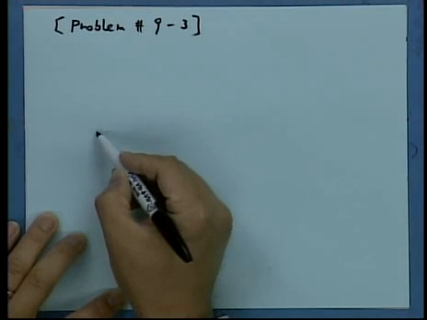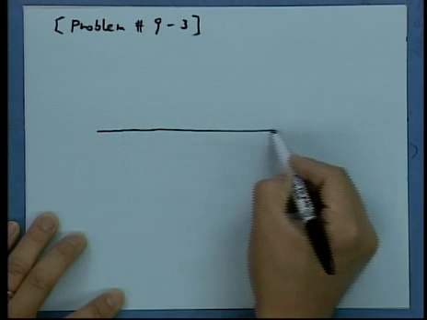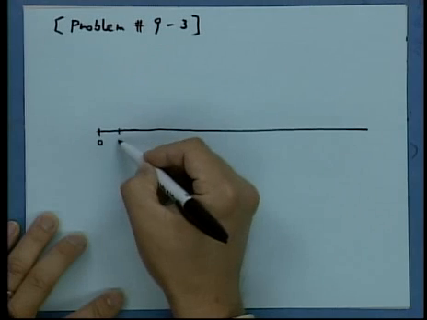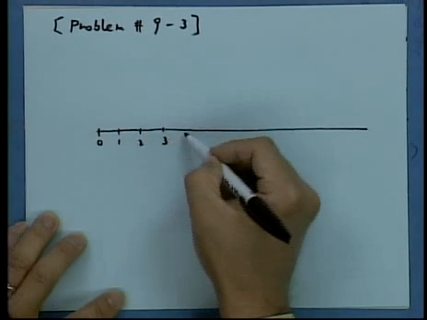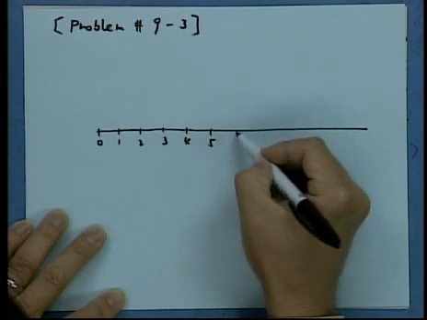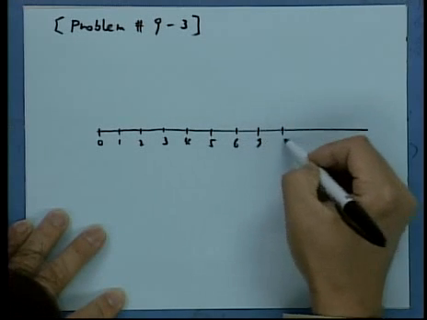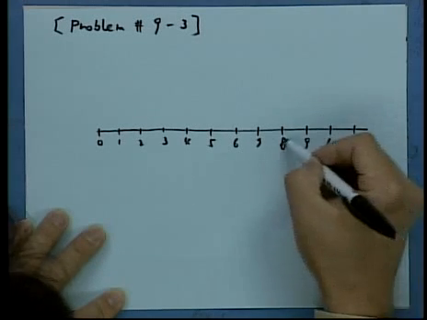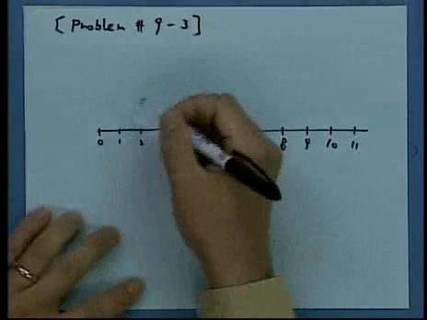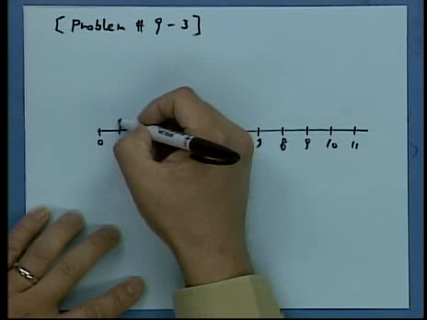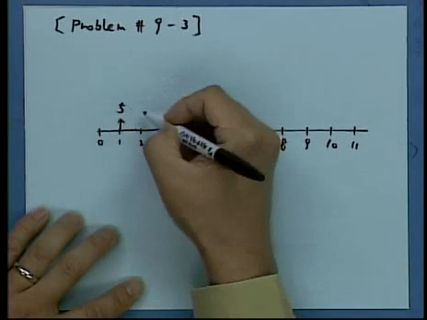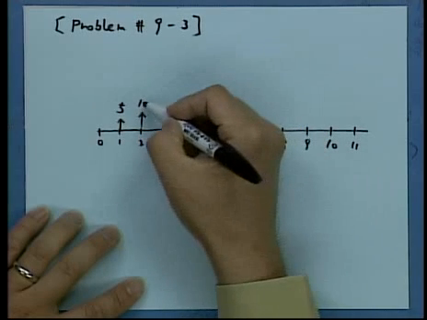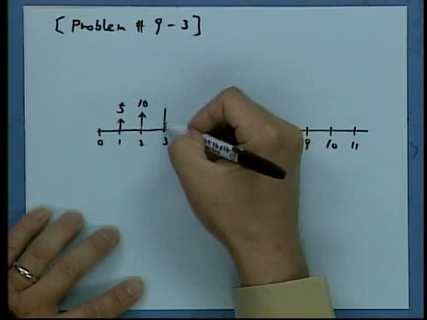So here, starting from 0, 1, 2, 3, 4, 5, 6, 7, 8, 9, 10, 11. At the end of period 1, there is a positive cash flow of 5. At the end of period 2, another positive cash flow of 10.